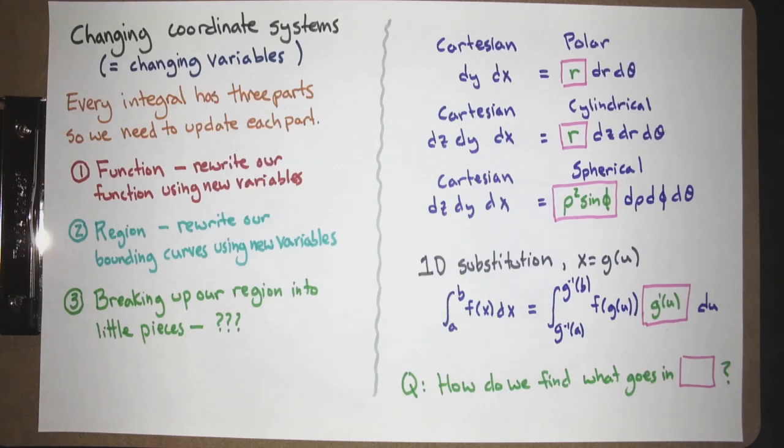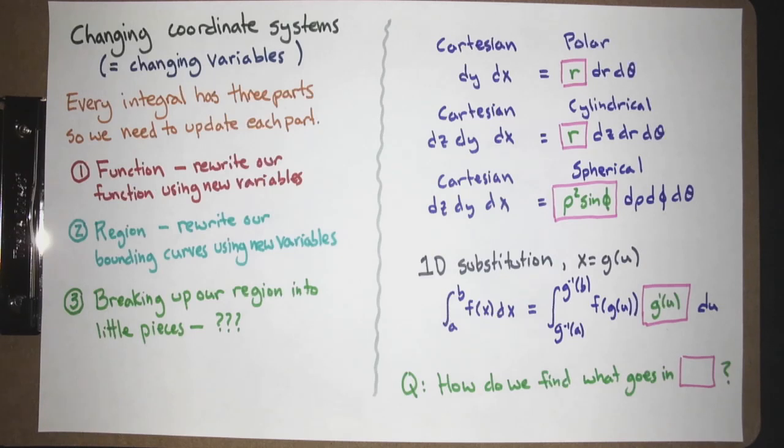What curves or what surfaces, depending upon what dimension we're in, bound our region? And how do we rewrite that in our new variables? So, for instance, last thing we did, we said, well, we have z equals 1. How do we rewrite that in terms of rho, phi, and theta? That's the kind of thing you have to do when you're working with the region.